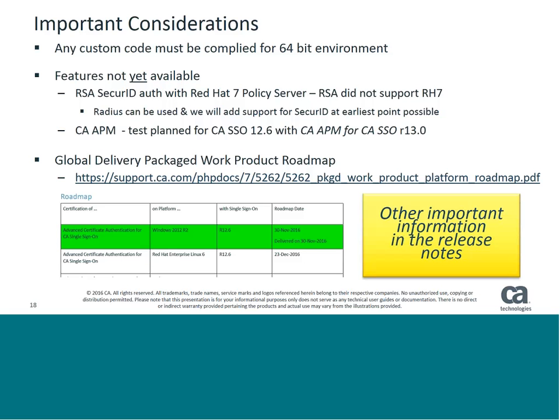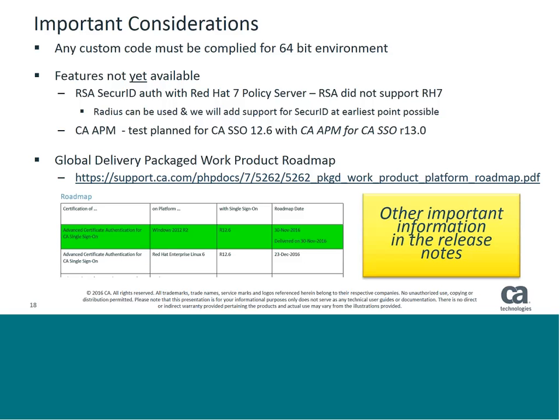And one last piece that I think is pretty important to be aware of is I know a number of organizations make use of the Global Delivery package work products, so things like the advanced certificate authentication component, the XOF RADIUS component that I referred to before. There is a published roadmap for those things.